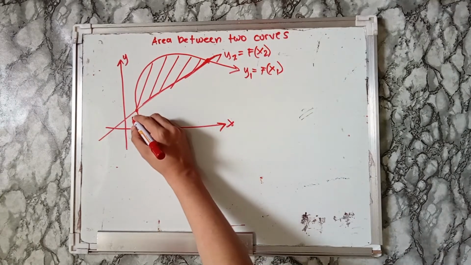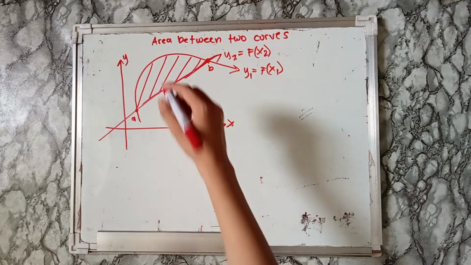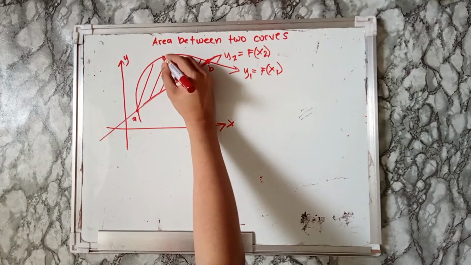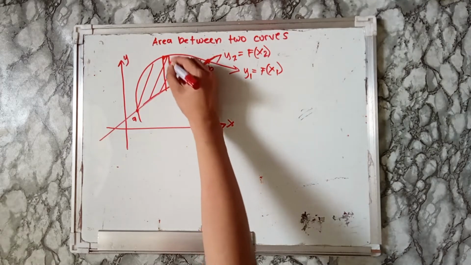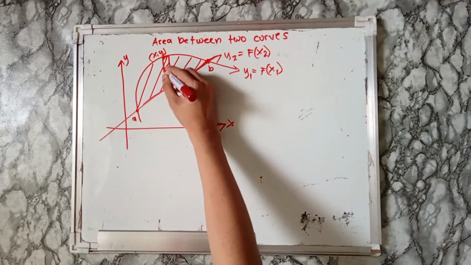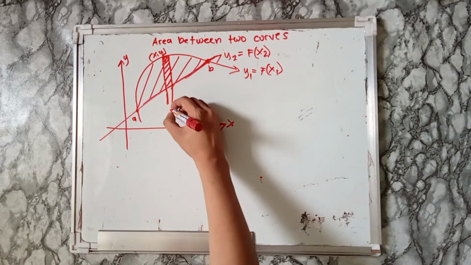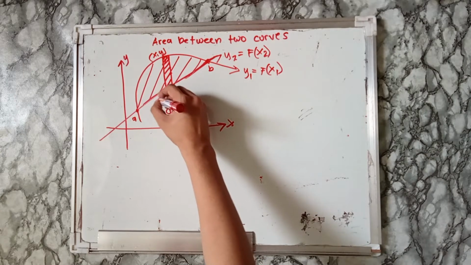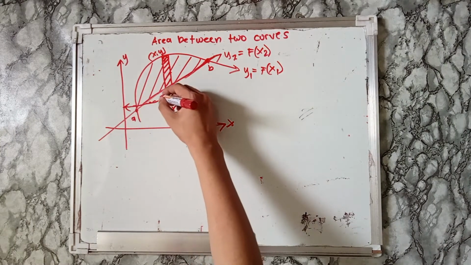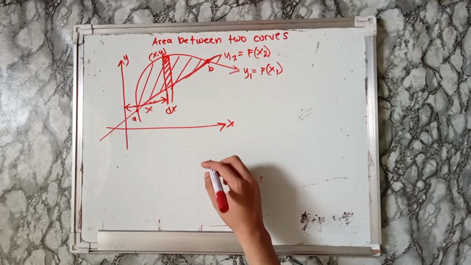This is A, and this is B. Now, if we put a point here, let's draw a vertical strip. Let's label this point as x and y. This is our vertical strip, and the thickness of our vertical strip is dx, and this is our x.